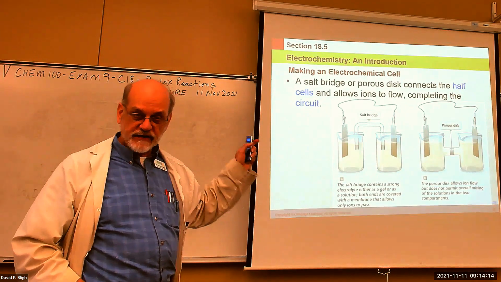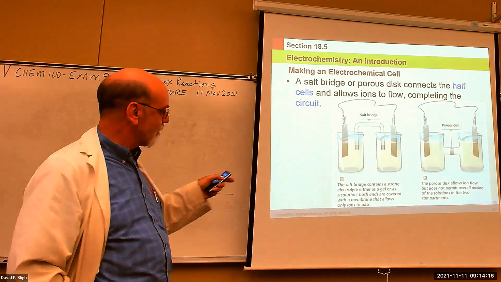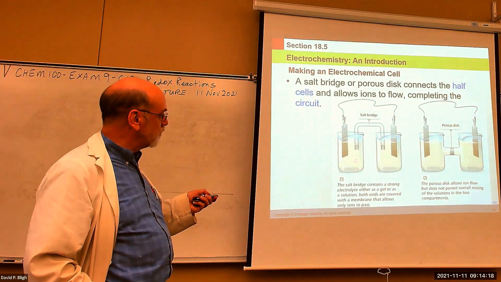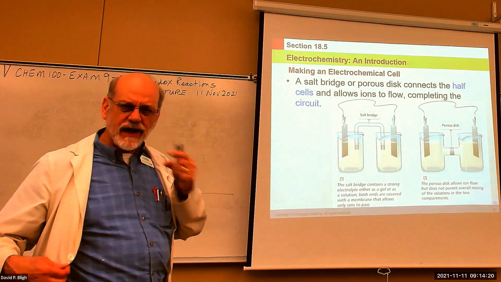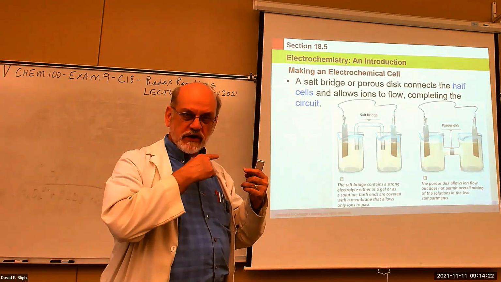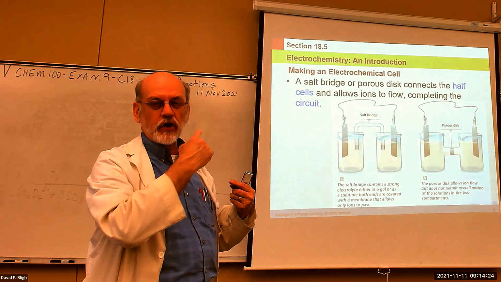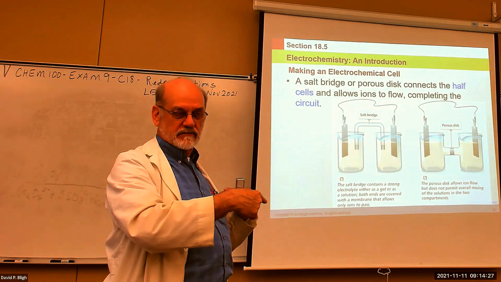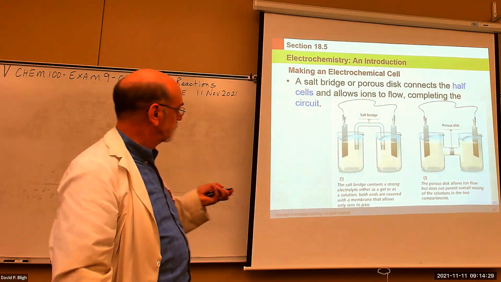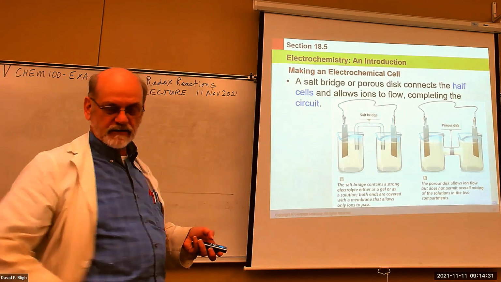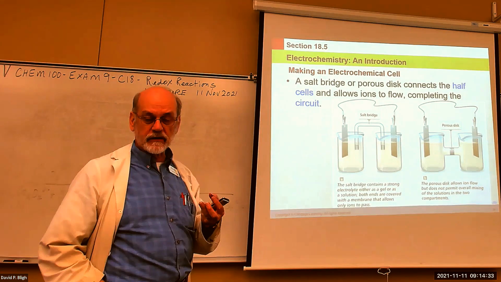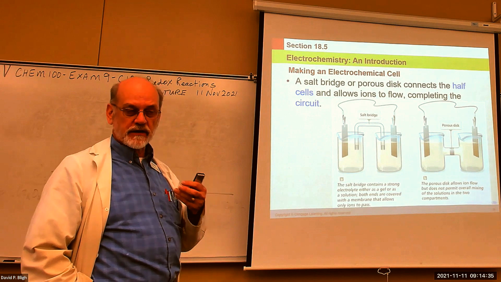Sometimes we use this device called a salt bridge. It allows for ion movement between the two. As long as you've got ions moving, you can complete a circuit and current will be shown in any measurement in that wire. So you can measure using an ammeter or a multimeter, you can show certain amperage.